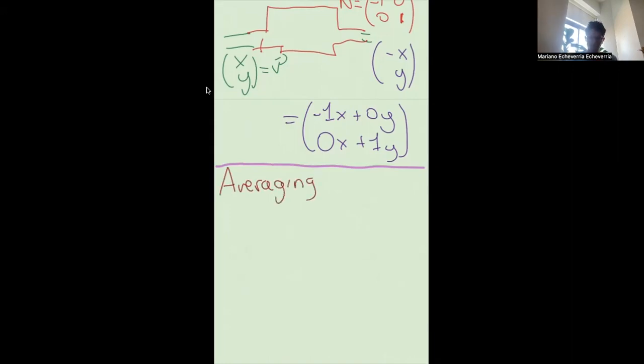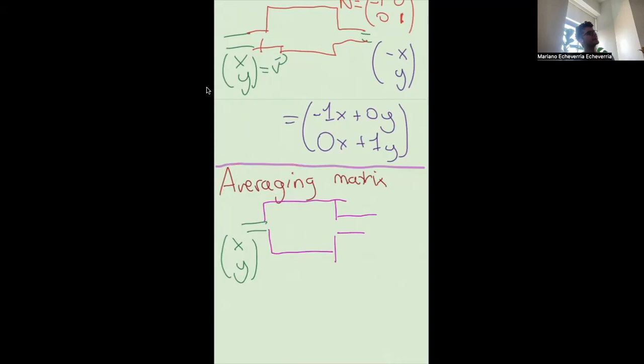I don't know how you want to call it. What I want this one to do is to start with xy. The name here is to suggest an average.